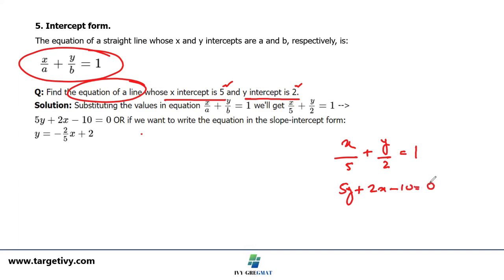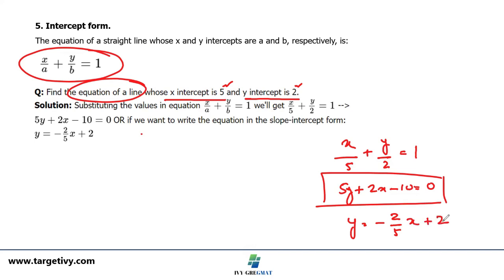This is the general form. If we put it in slope intercept form, it will become y is equal to minus 2 by 5 x plus 2. This is the first form of the equation, this is the second form of the equation. Merely by knowing the intercepts, we can come back to the algebraic form of the same.